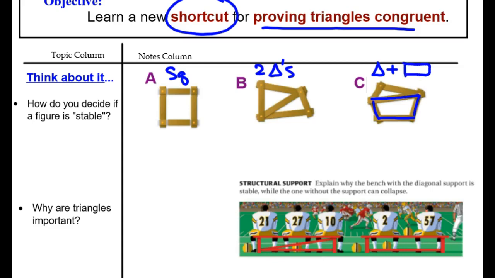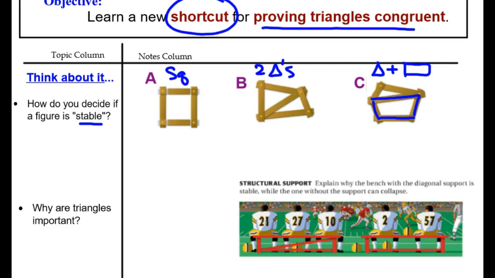Which one of those would be the strongest? If you pushed on it, it would not change its shape at all. We are going to think about what makes them stable. There's all kinds of things to think about. Does it matter if they have more corners? Does it matter if they have more sides? Does it matter if they have different kinds of shapes?